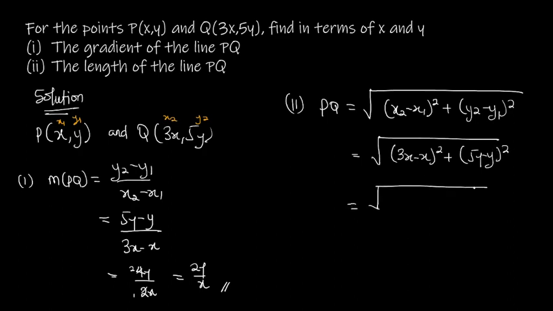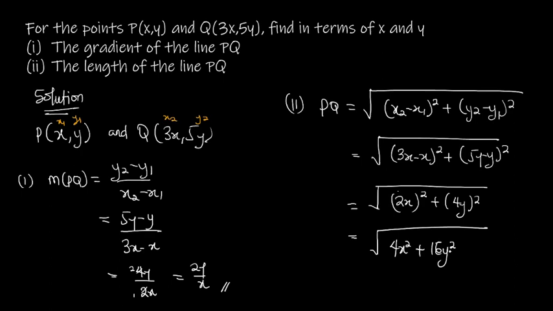So from here, 3x minus x is the 2x I had over here, so I have 2x squared plus I have 4y over here squared. So this is equal to the root of 2x squared will give me 4x squared plus 4y squared will give me 16y squared. So my final answer, which is the length of PQ, will be equal to the root of 4x squared plus 16y squared units.